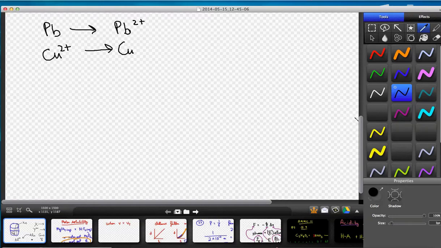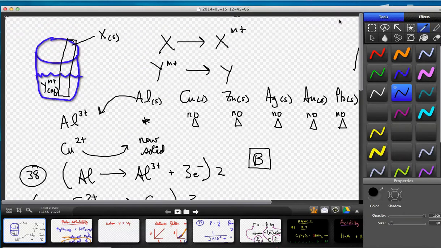Now if we go back and look at our picture, if X is Pb, then this must be oxidized to Pb2+, and copper 2+ must be reduced. So copper with lead 2+, nothing, but copper 2+ with lead gives us a new solid.